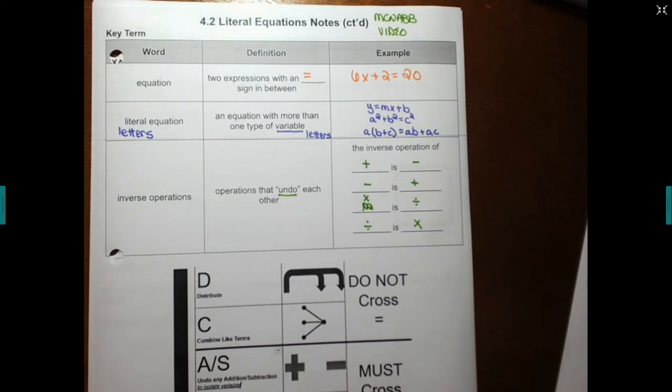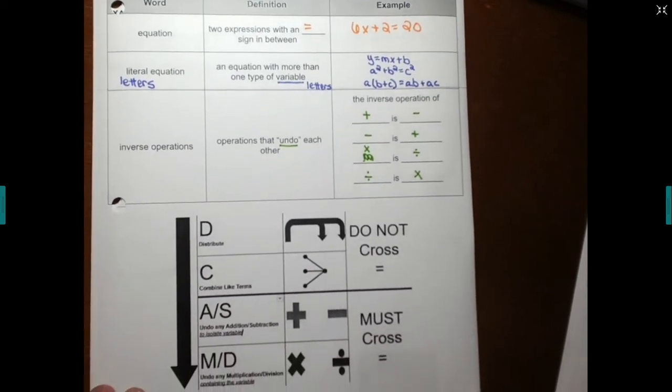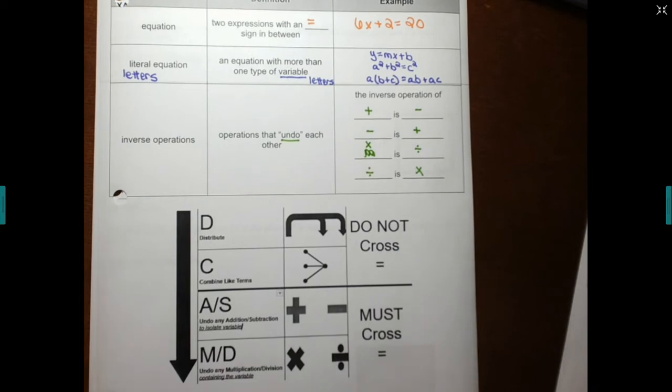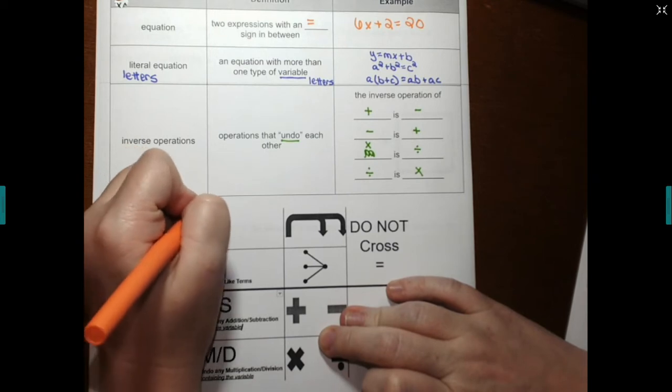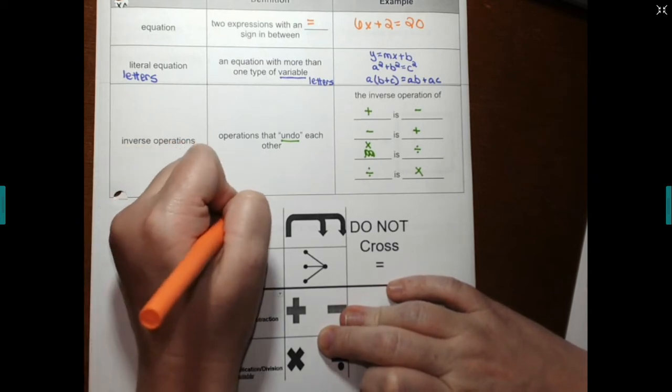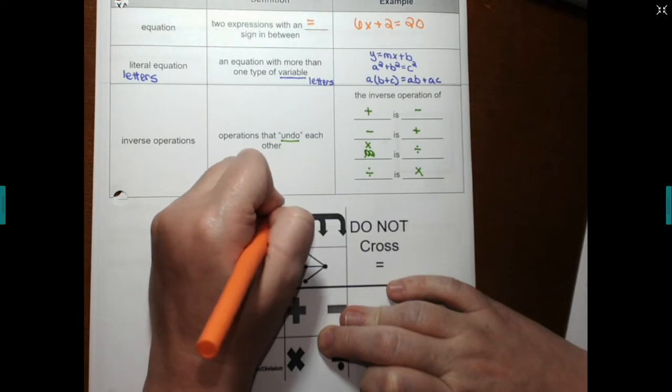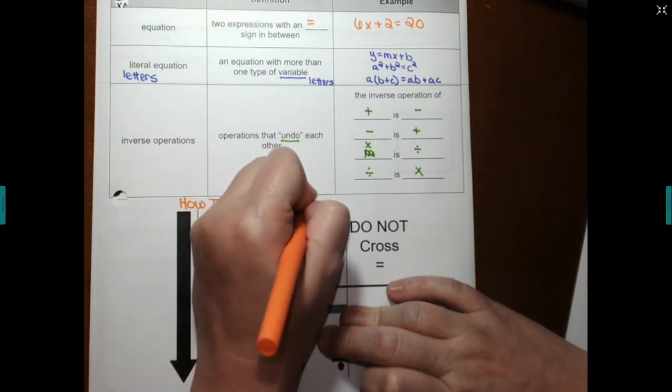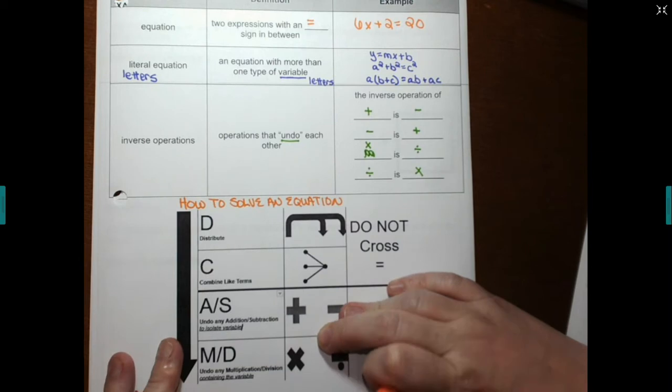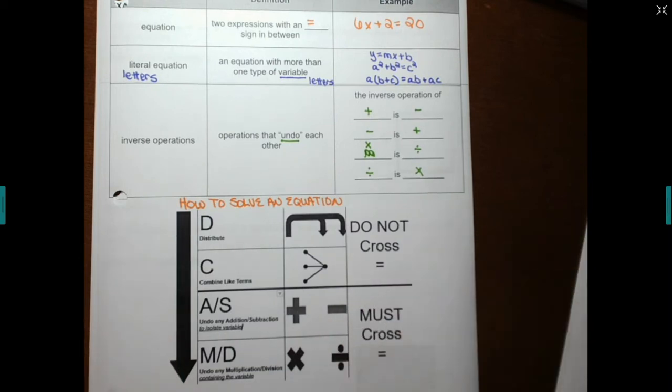Last but not least on this first page, I told you this was going to be quick today, we do have our rules for how to solve an equation. And just like we have PEMDAS to tell us what order we do operations when we simplify, we also have this guy that tells us what order to do our operations when we're solving.